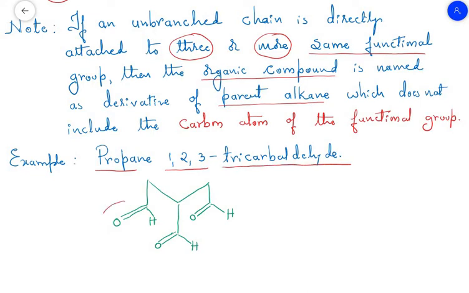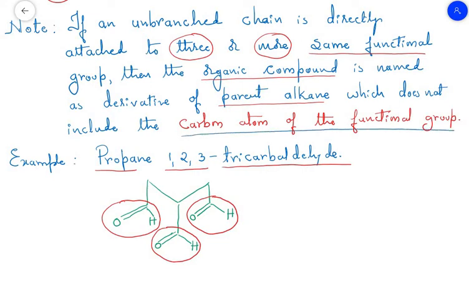Here we are having the functional group called aldehyde, C double bond OH. Here we are having one more aldehydic group, and here also one more aldehydic group. The thing that we have to recall is that the carbon atom of the functional group is not included in the chain. So these carbon atoms are not included in the nomenclature. This is the first carbon, second carbon, third carbon. So the name becomes propane-1,2,3-tricarbaldehyde.